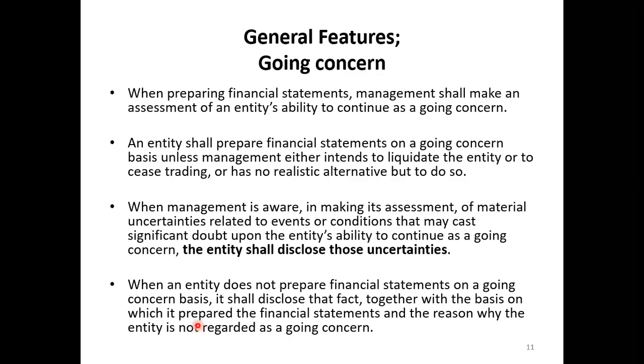When management is aware, in making its assessment, of material uncertainties related to events or conditions that may cause significant doubt about the entity's ability to continue as a going concern, the entity shall disclose those uncertainties. So sometimes some situations arise.